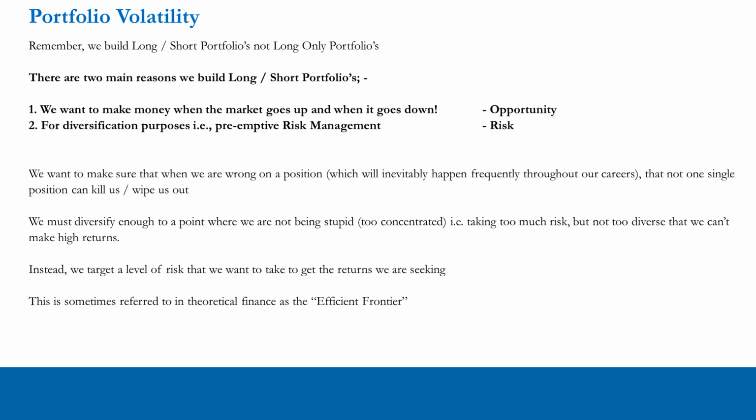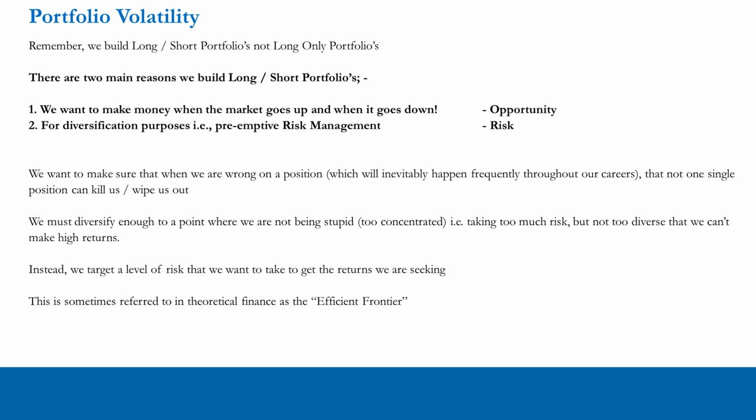This is our opportunity. Secondly, we have diversification. So for diversification purposes, we have preemptive risk management measures in place. And this is our risk. So we want to make sure that when we are wrong on a position, which is inevitably going to happen frequently throughout our careers, not one single position can kill us or wipe us out.